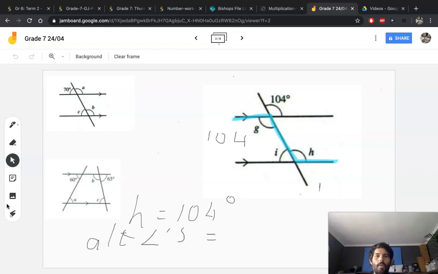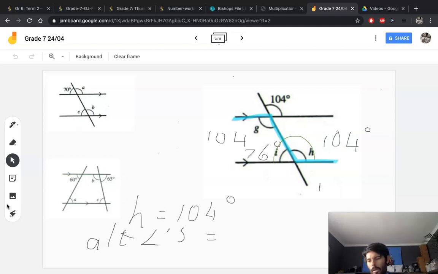Then you can work out I is going to be 76 because angles on a straight line add up to 180, so 76 and 104 is 180.